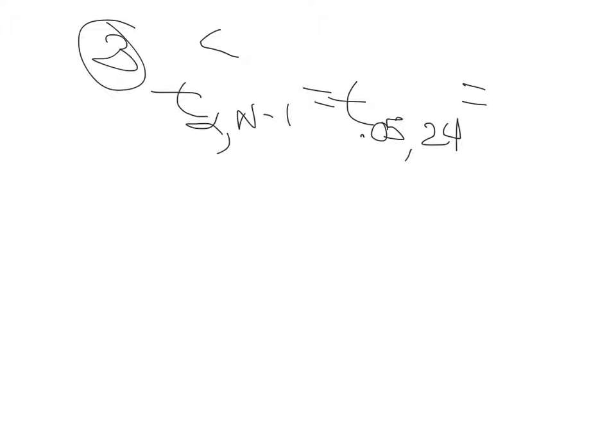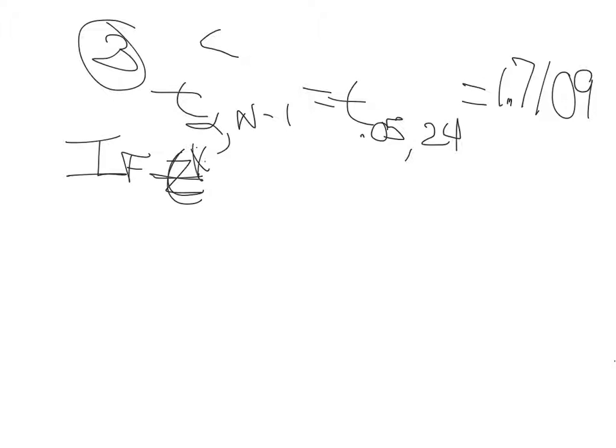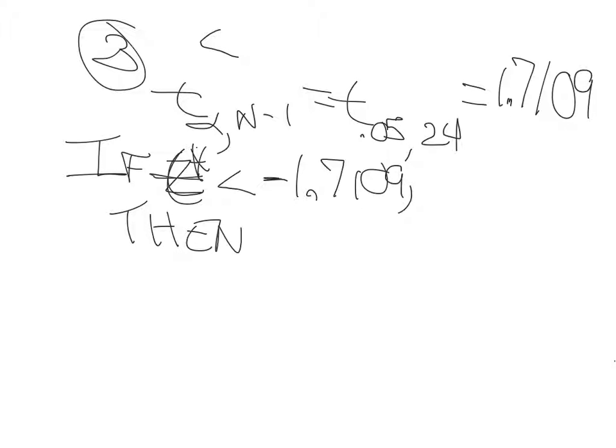So when I look that up, I get 1.7109. Again, I looked that up in R. And my if-then is going to be: if, excuse me, Z star, sorry, I lied to you, T star is less than negative 1.7109, then we reject H0. Okay, because it's always going to be less than the negative.